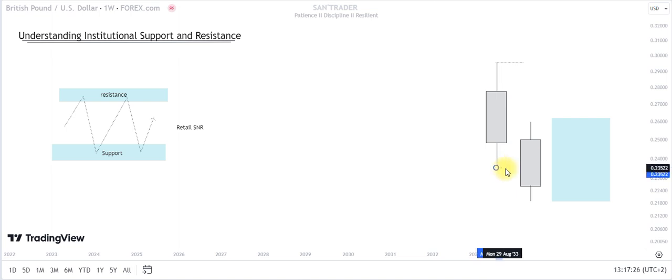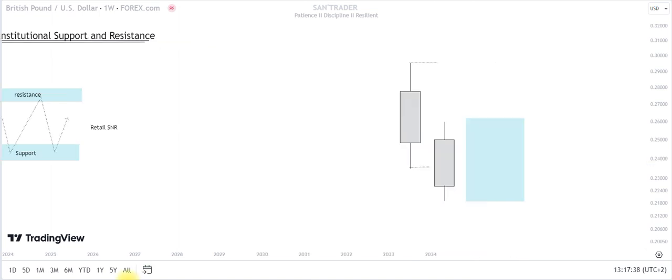Every candlestick's high and low, these are your institutional support and resistance. So this will be your resistance, and this will be your support.